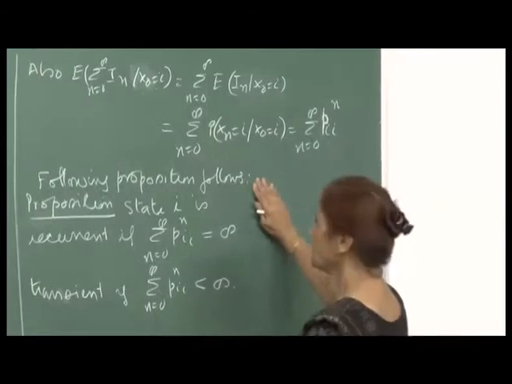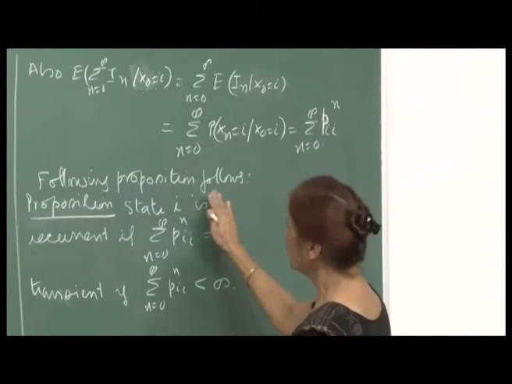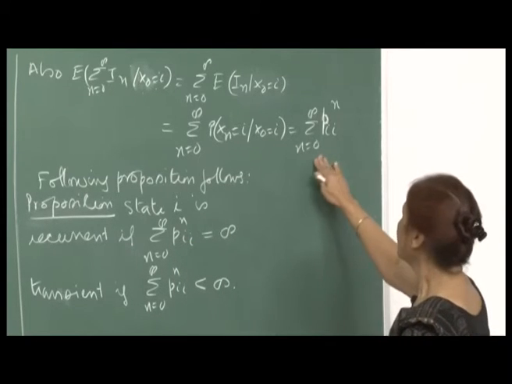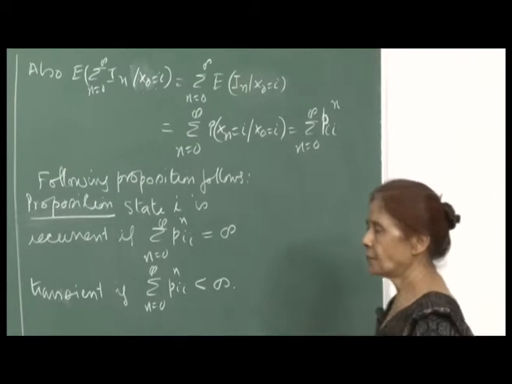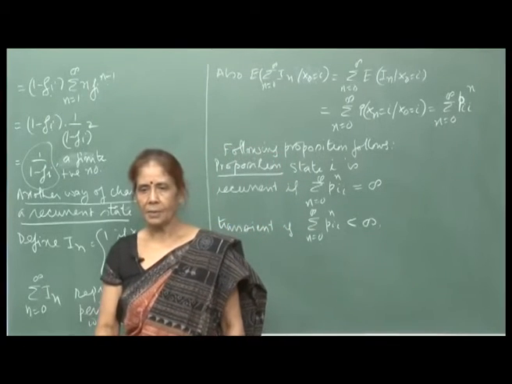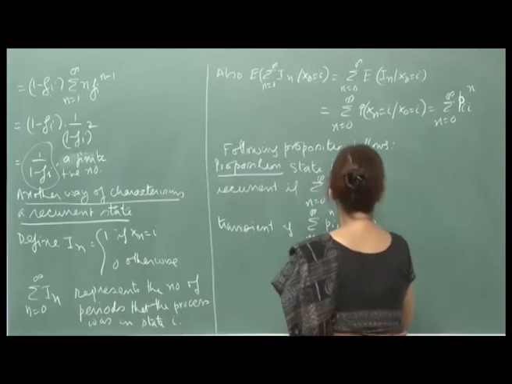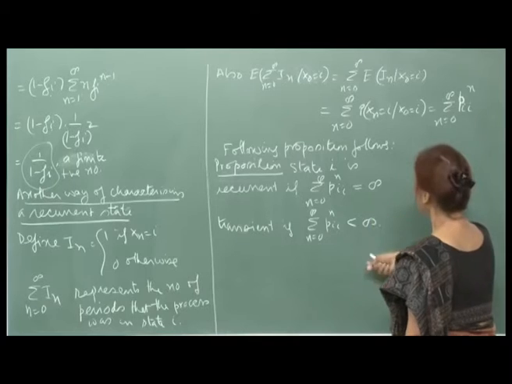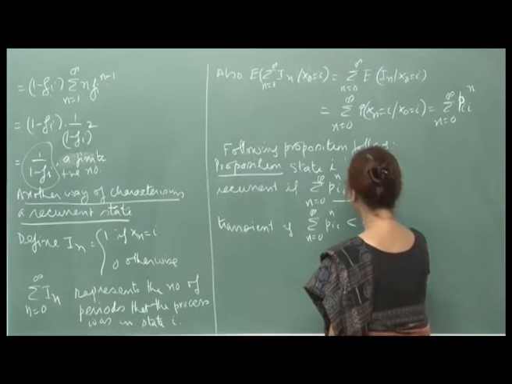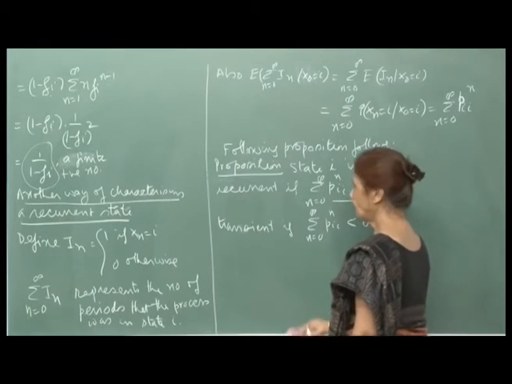The proposition says that state I is recurrent if this is infinity, because this is the expected value, and our definition is that a recurrent state will keep revisiting itself an infinite number of times. So, the expected value will also be infinite. Therefore, this will be infinity, and for transient this has to be less than infinity. So, this is another way of looking at it.